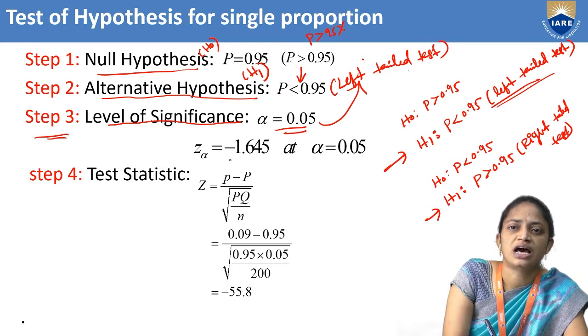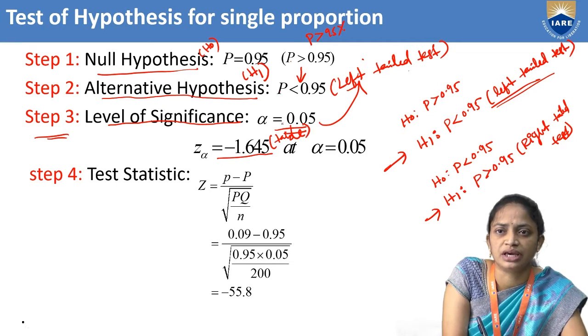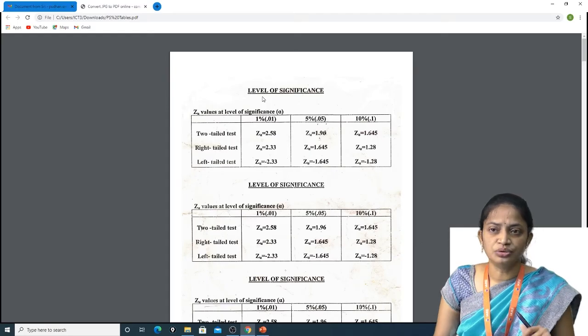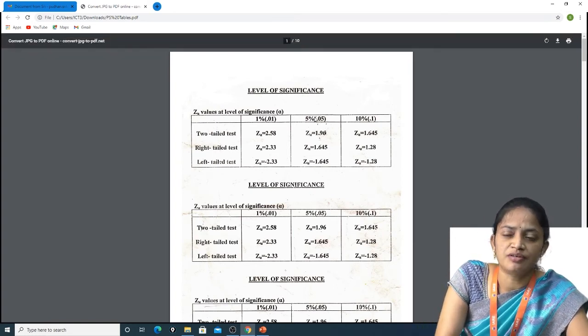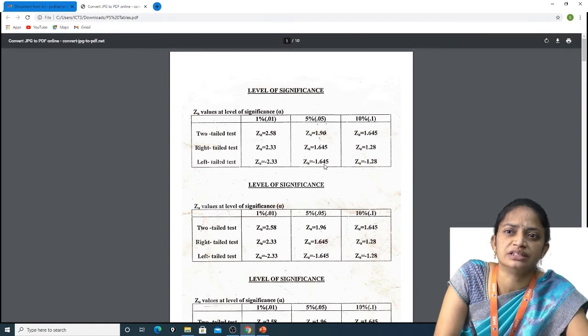Then the z alpha will be 1.645. We have to take this value from the table, and I will show you how. Here the alpha value is 0.05 in a left-tailed test, so z alpha is minus 1.645.